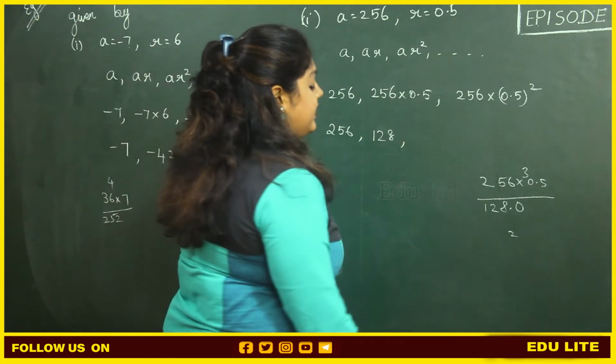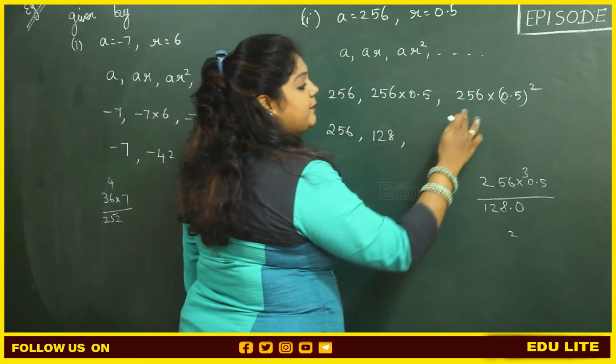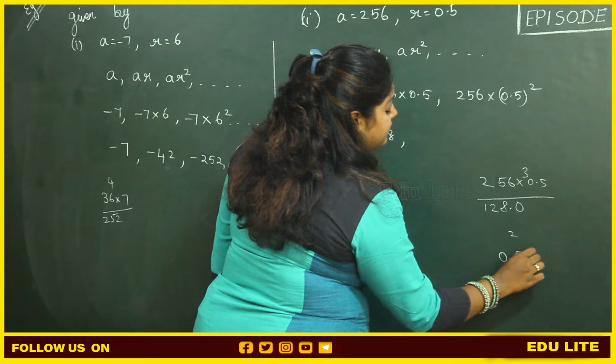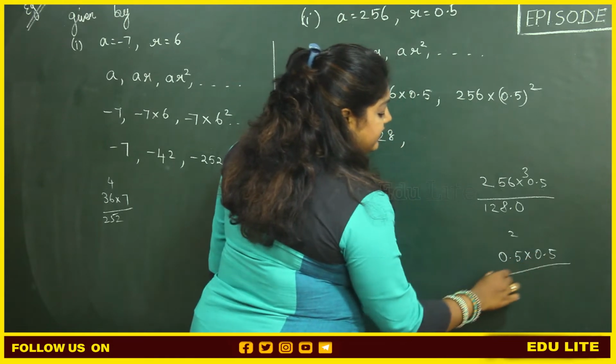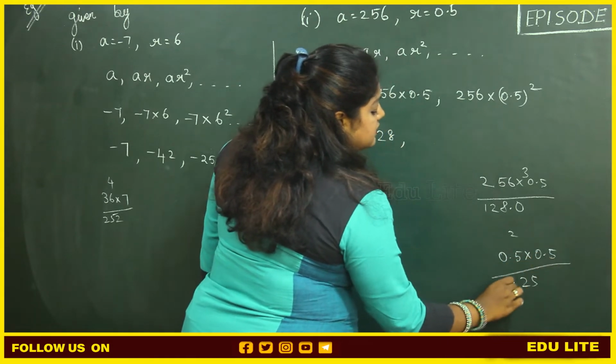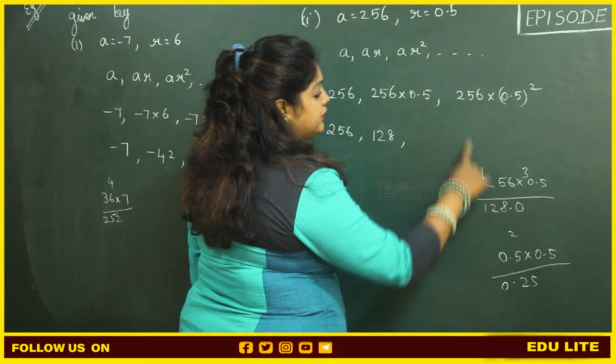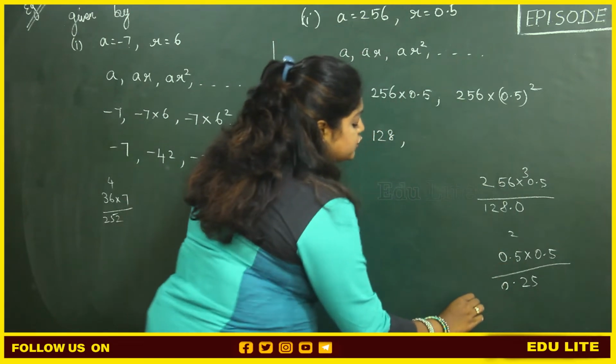Similarly, we have to find the third term. For 0.5 square, first we will square this, then we will multiply it with 256. 0.5 into 0.5 will give me 0.25. So, 0.25 into 256, we have to do.